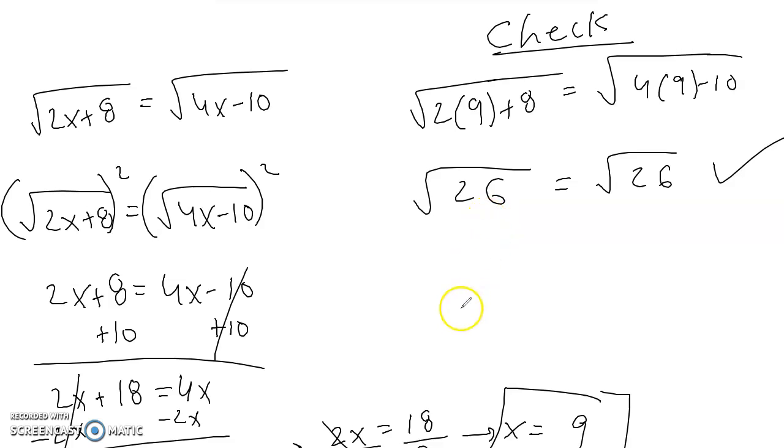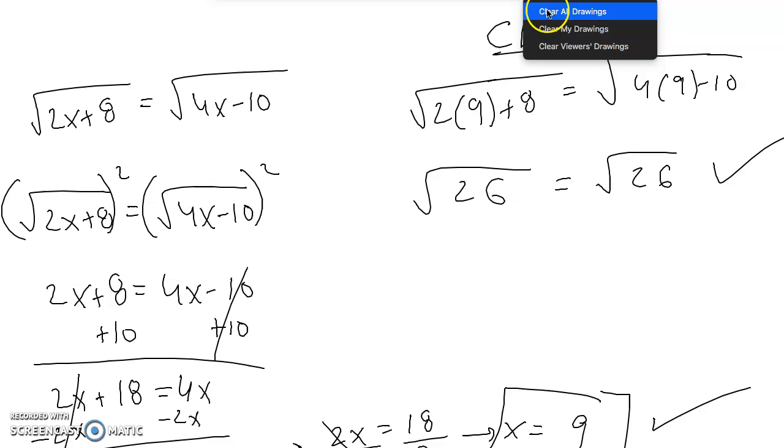Square root of 26 equals the square root of 26. So x is 9. Okay, pretty simple. You're just doing the same thing as you usually do when you're solving equations for a variable. You just continue to do inverse operations.